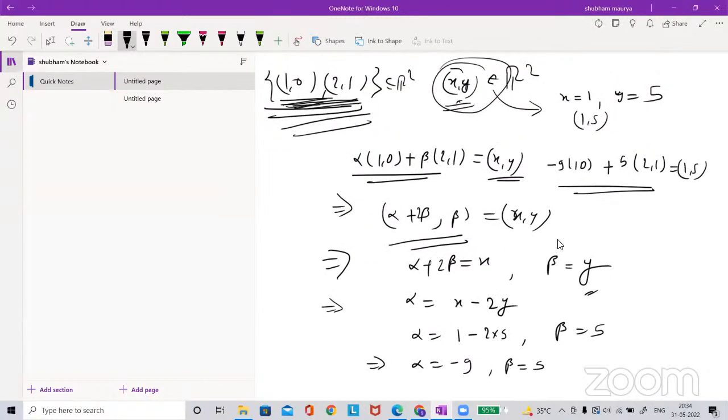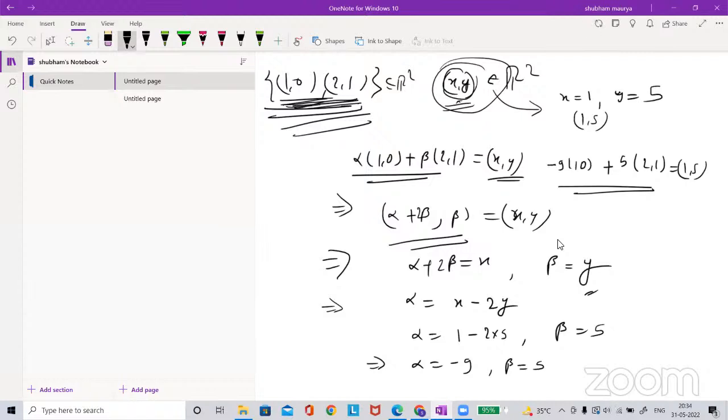Yes. Similarly, if you take any vector, if you change x and y, you will get different alpha and beta. That means these two generate the whole of R2, so this set is a spanning set of R2.